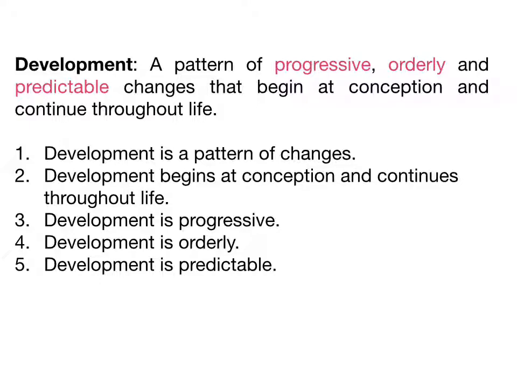Development is orderly, which means that there is a sequence to developmental changes, and development is predictable, which means that development is predetermined. So now that we have understood what we mean by development, let us go to the definitions of growth and maturation and then compare growth and maturation with development. Let's go to the next slide.